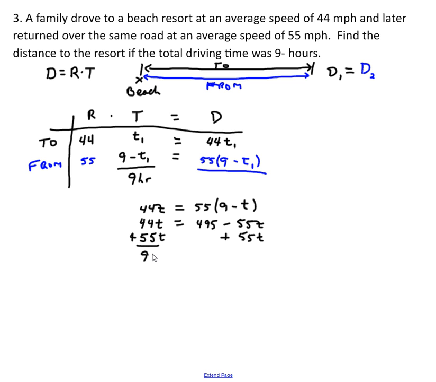We get 99 times t is equal to 495. Now we need to isolate t, so we divide both sides by 99.